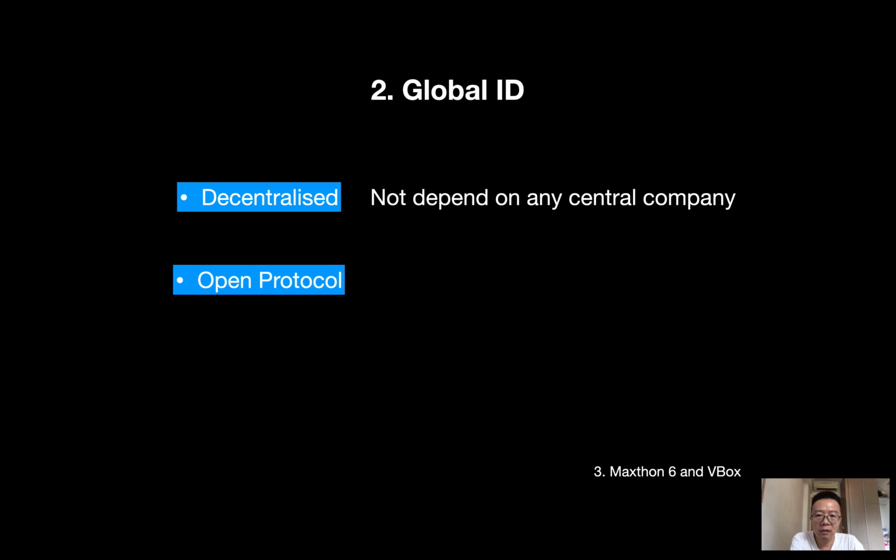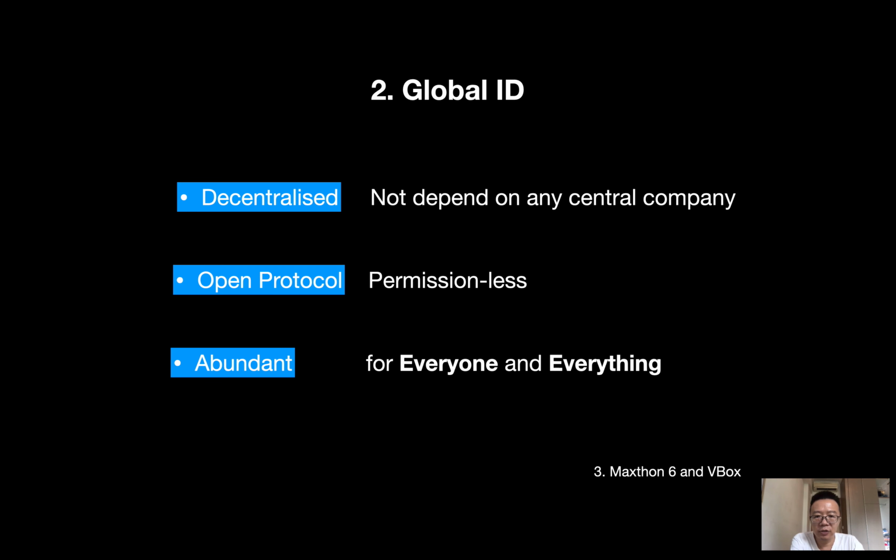The second one, it should be made with an open protocol, which means any application can opt in to this open ID without having to ask anyone for permission. The third one, it should be abundant. The global ID should be for everyone and everything on this planet.